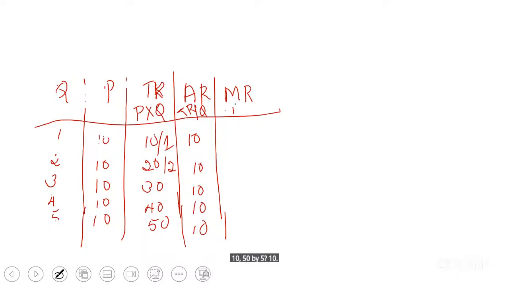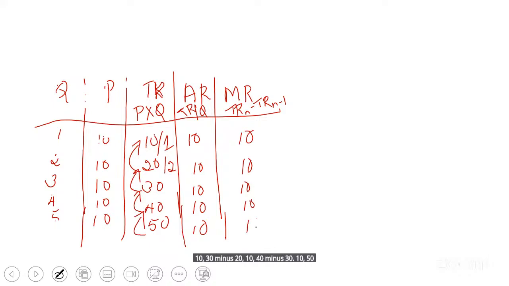MR is TR n minus TR n minus 1. So the first thing we will repeat. 20 minus 10, 10. 30 minus 20, 10. 40 minus 30, 10. 50 minus 40, 10. Now draw a diagram.